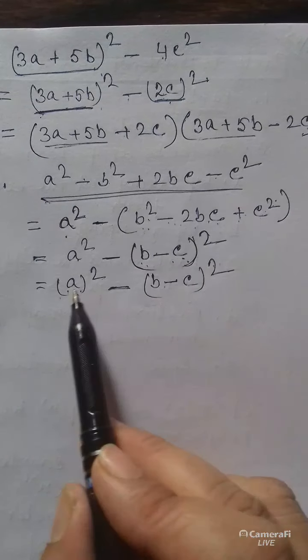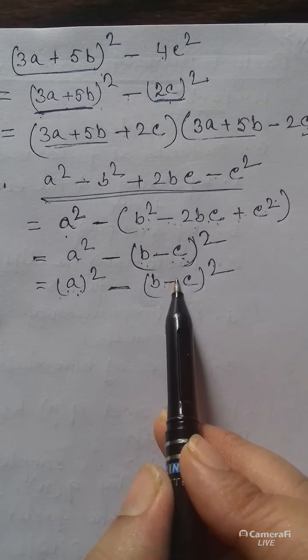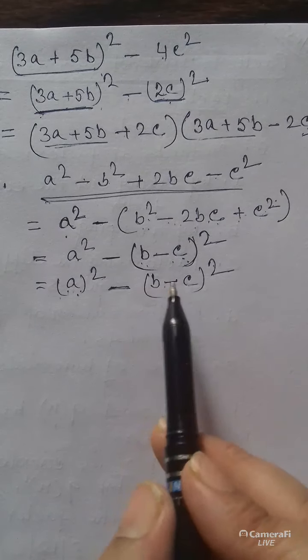Now the formula a square minus b square is a plus b into a minus b.